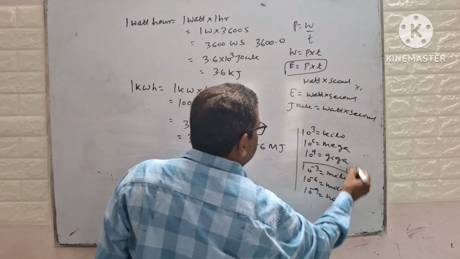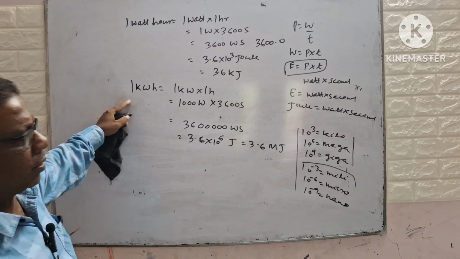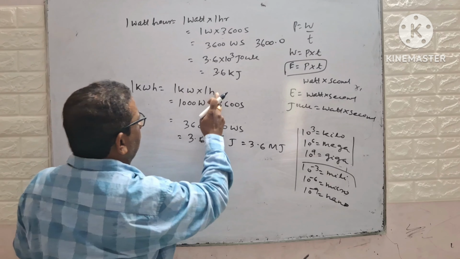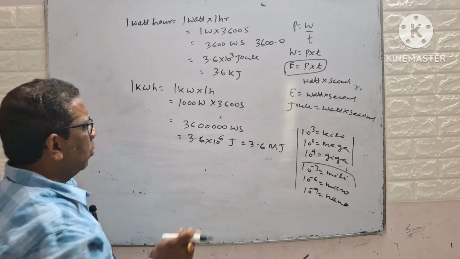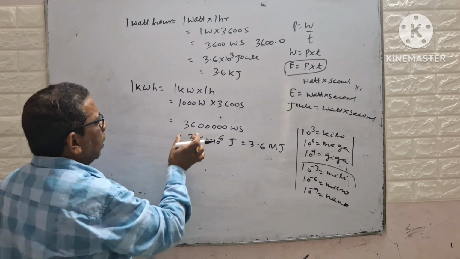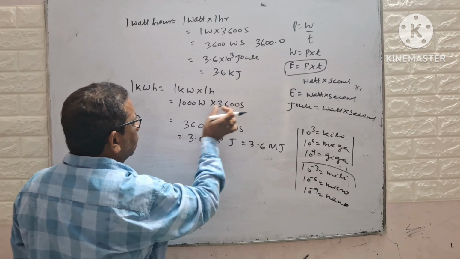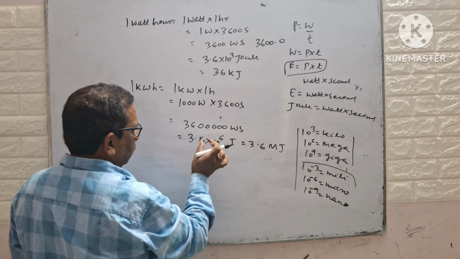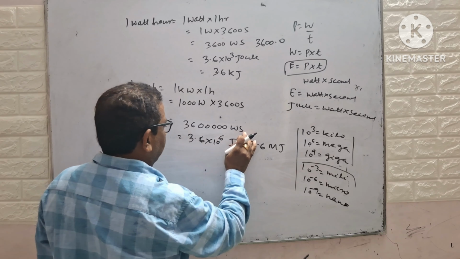These are smaller units, these are bigger units. Similarly, 1 kilowatt hour is 1 kilowatt into 1 hour. 1 kilowatt means 1000 watt, 1 hour means 3600 second. So 36 lakh watt second.